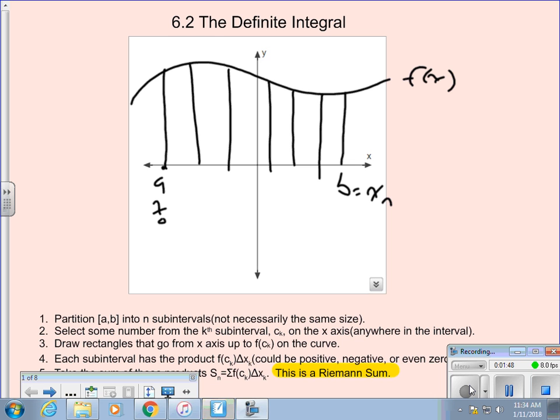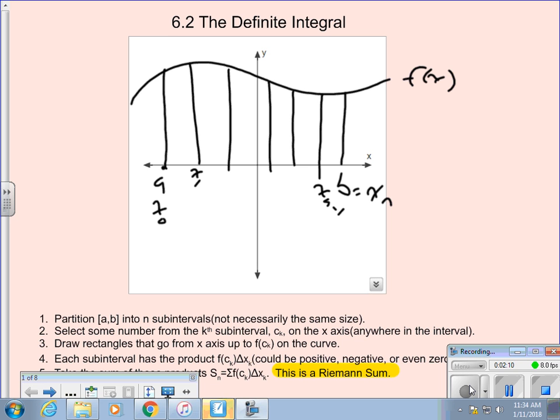We don't know what n is. n could be 3, n could be 3 million. x sub 1 is the one next to x sub 0, and the one before x sub n is x sub n minus 1, one less than the last one, and so on.